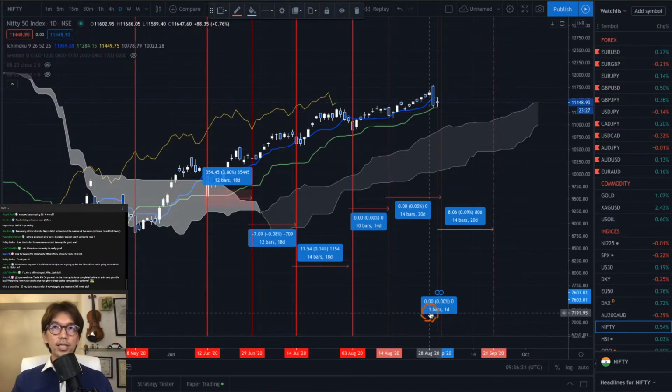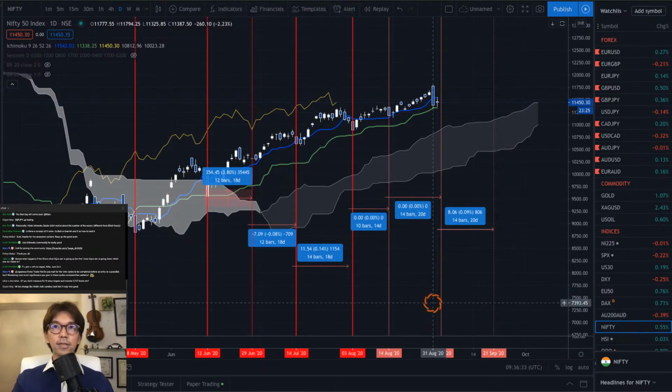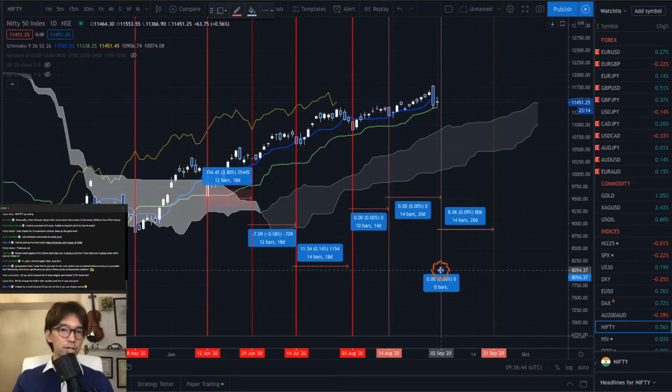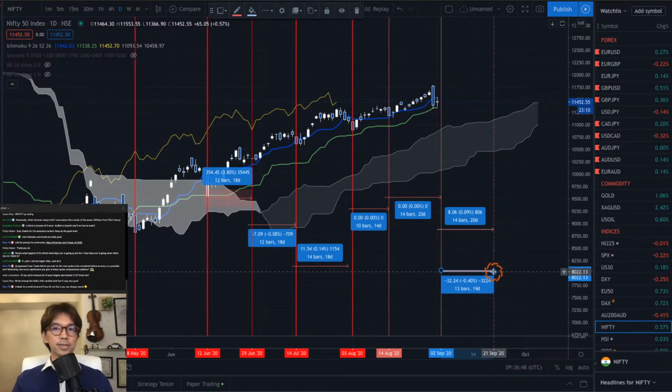For example, if you start counting from here, this is going to be 0 bar, and if you shift it to the future, this is going to be 13 bars. So there's one candlestick difference here.